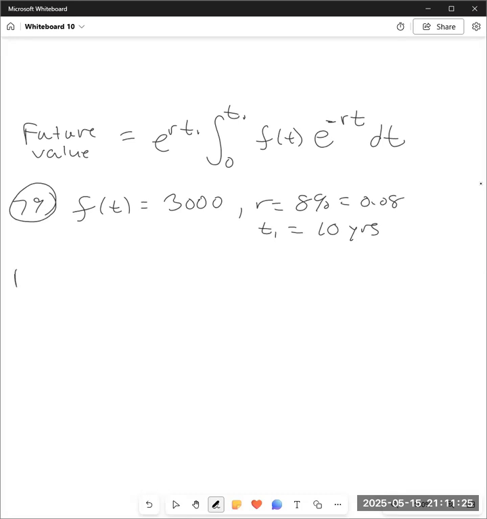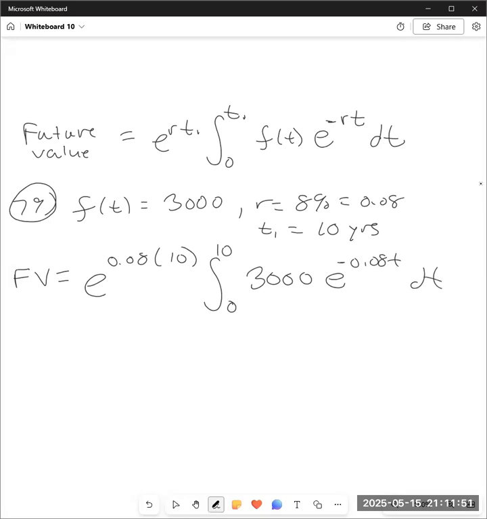Our future value, which I'll just call FV, is equal to e to the 0.08 times 10, integral from 0 to 10 of 3,000 e to the negative 0.08 t dt. This constant can come out here.